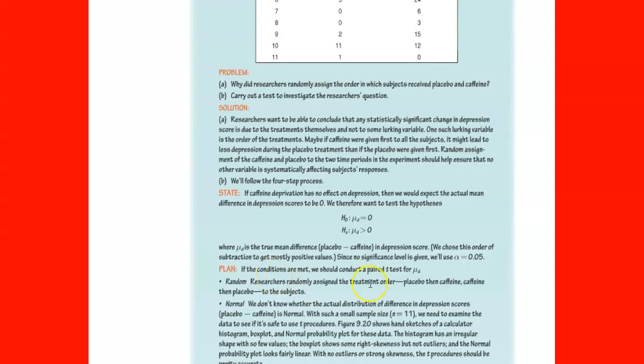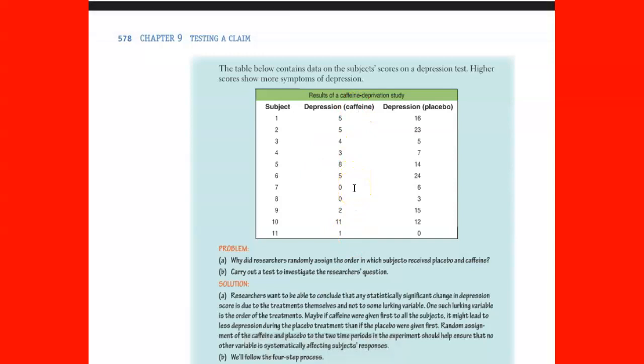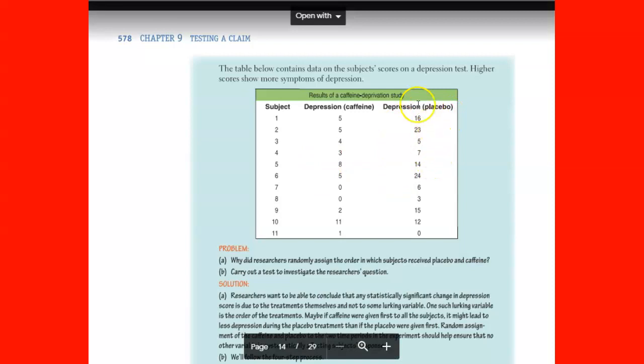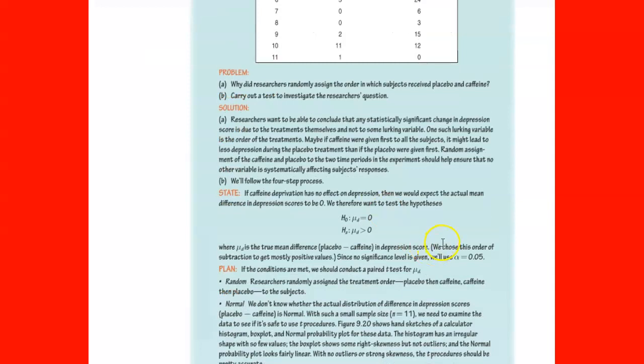Which group did we subtract from the other? If I took caffeine minus placebo, that would end up being a negative number, which would suggest that group is less depressed. If I take the placebo group minus the caffeine group, and that turns out to be a positive number, that would suggest this group is more depressed. So positive, negative does matter here. We have to just be careful about which direction we're doing.